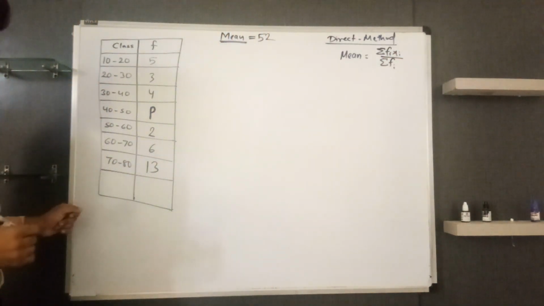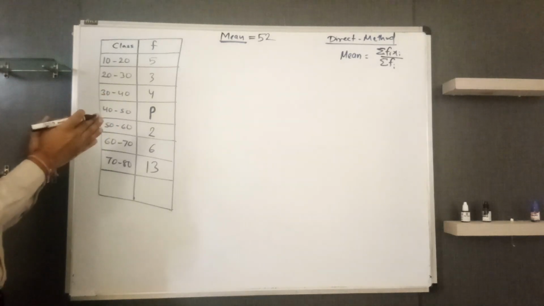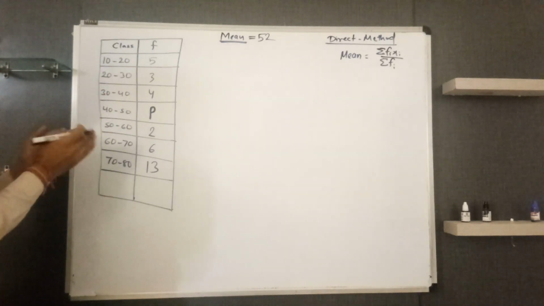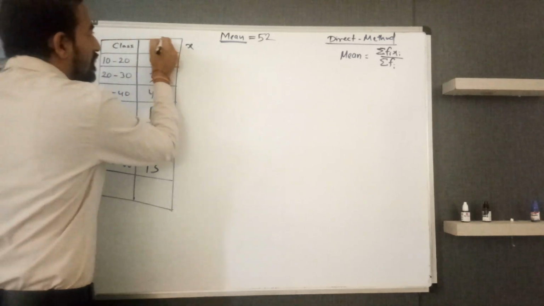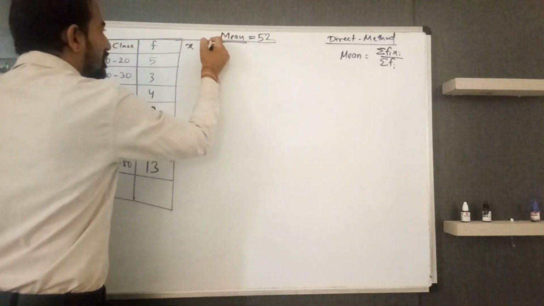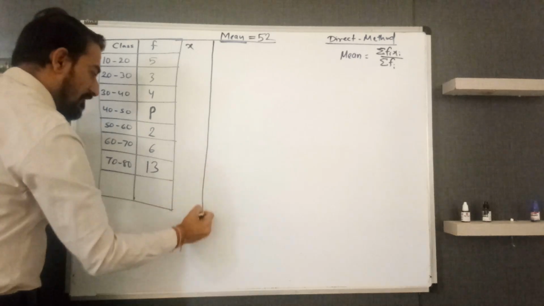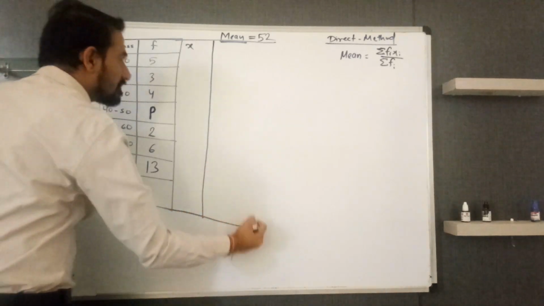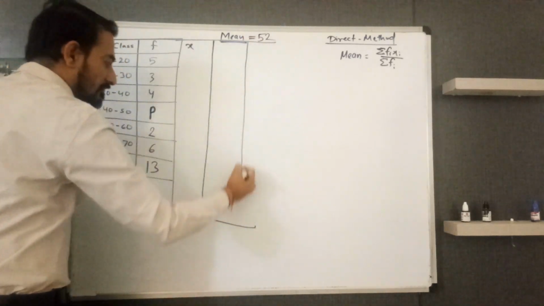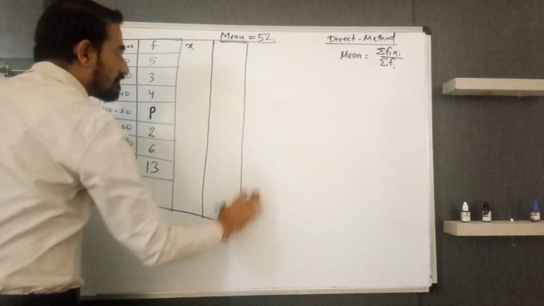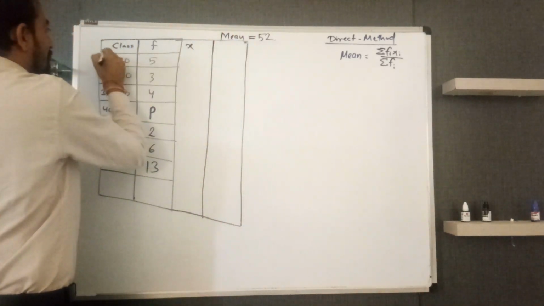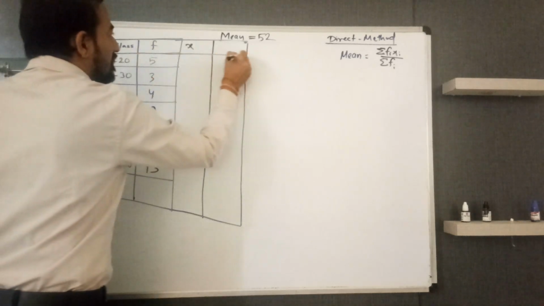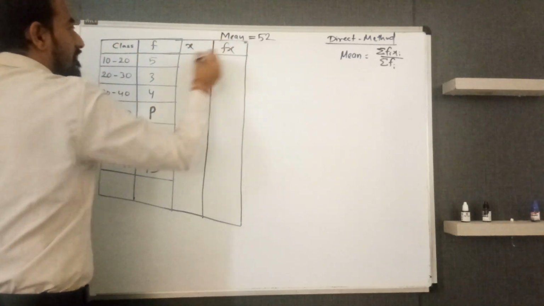So we need fx. For fx, first we need x, the class mark, then we need fx.